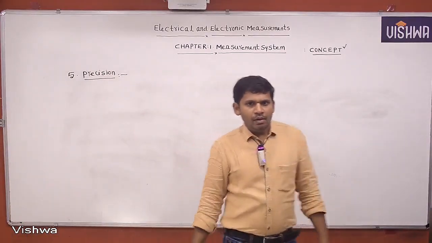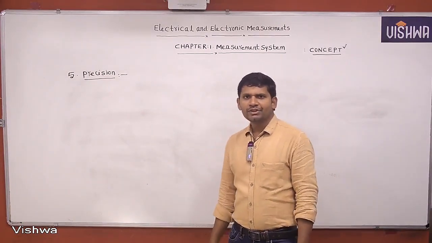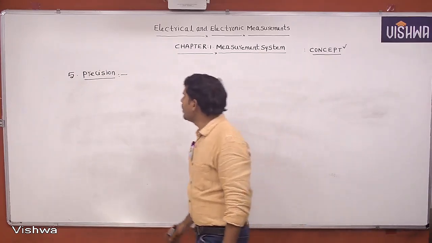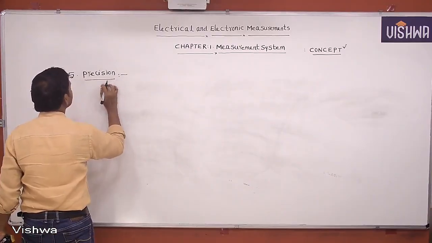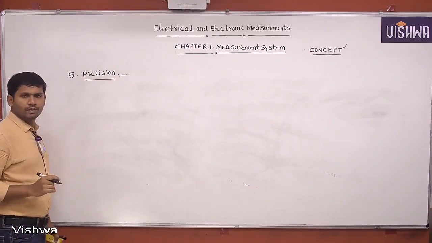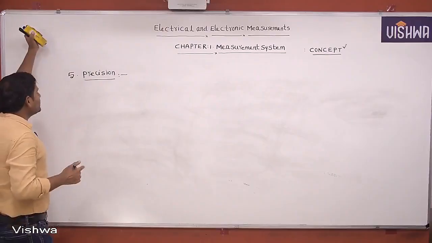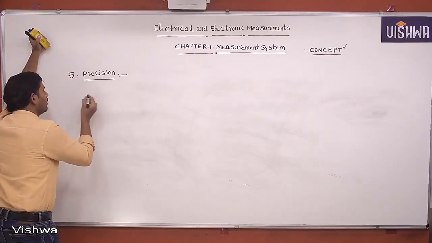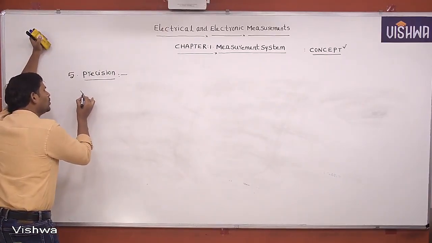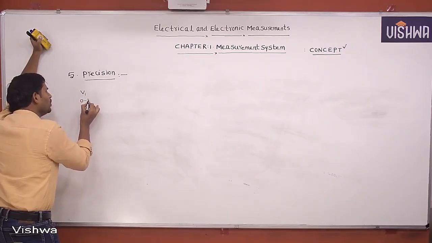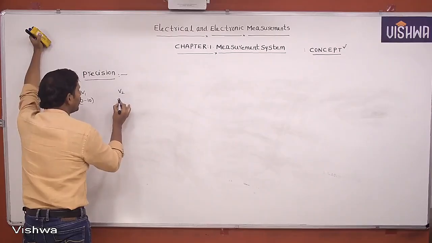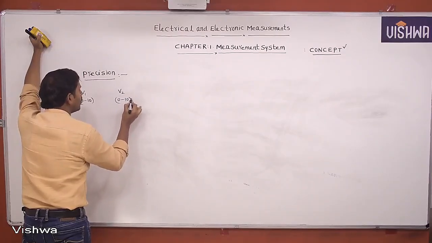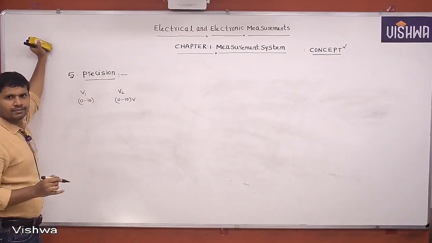How to define the precision of an instrument? Listen please. For example, we are using 2 voltmeters, both 0 to 10 volts voltmeters.